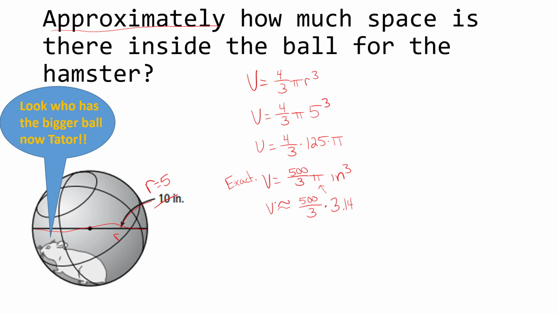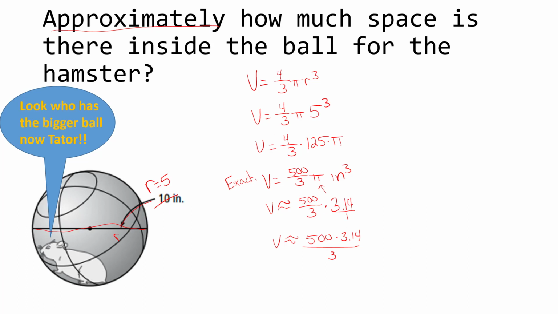In order to avoid the rounding error, we will multiply. So V will be approximately 500 times 3.14 divided by 3. And notice the only thing I really did was make 3.14 a fraction so that I could multiply my numerators, multiply my denominators.